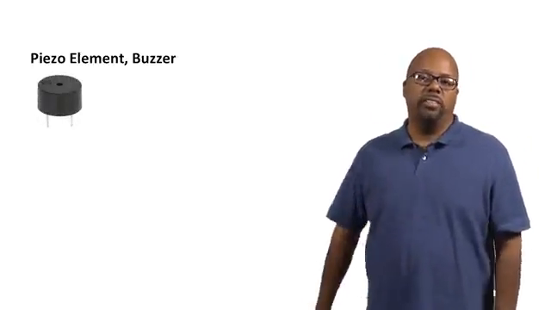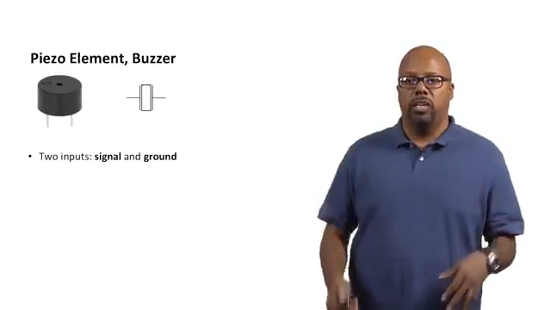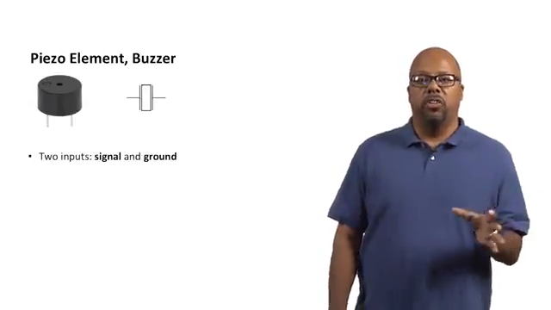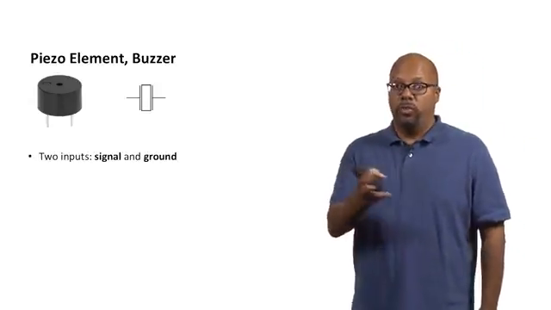Okay, now for the speaker, we're going to use a piezo element as a buzzer. These are very simple sound-making devices. They look like that. You should have one like this in your kit. And here's its symbol. It's got 2 terminals, which are connected to signal and ground. So one side is connected to ground. The other side is connected to the signal, say the square wave, for instance.